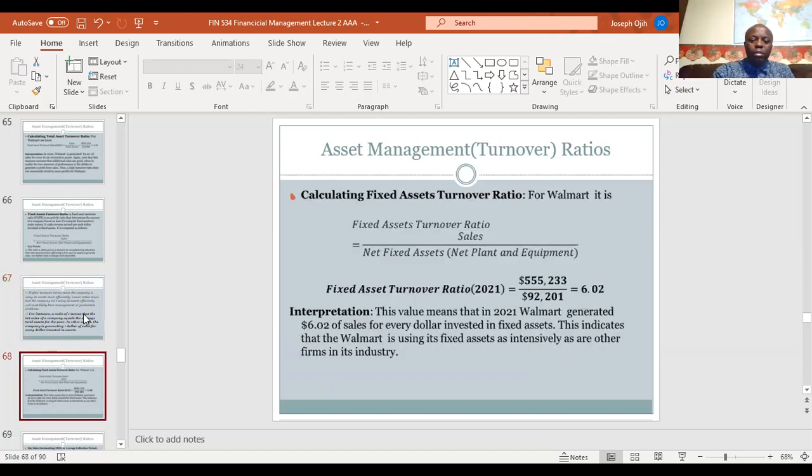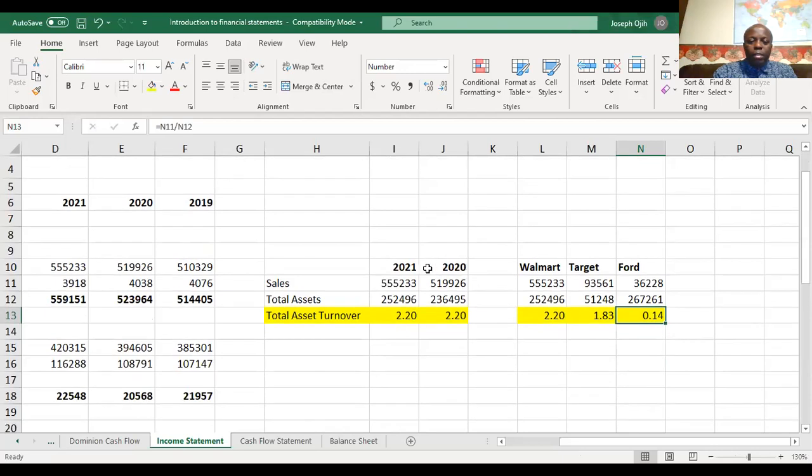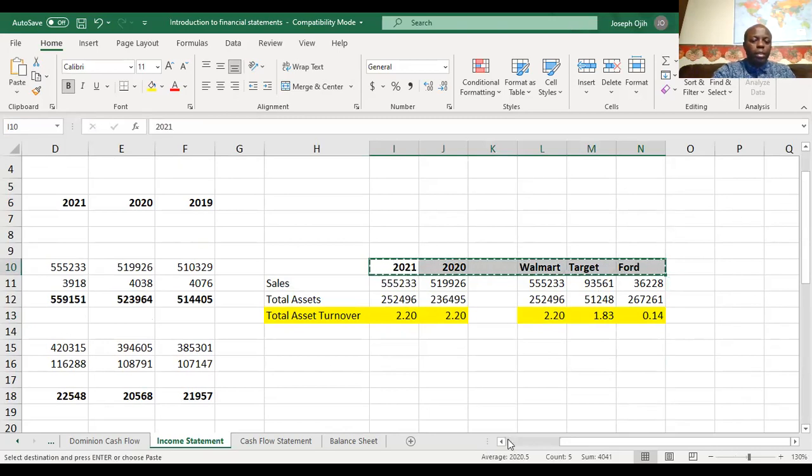So let's apply it for Walmart. I'm going to take you back to where we used it for Walmart, and then we can do the calculations. Okay, I'll copy all this. Now I have it here.